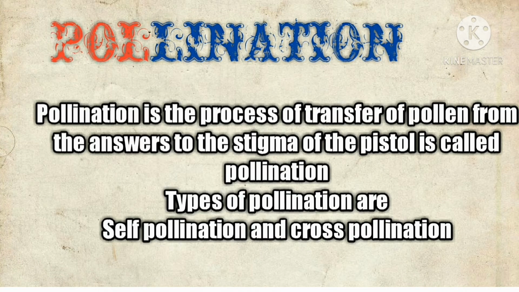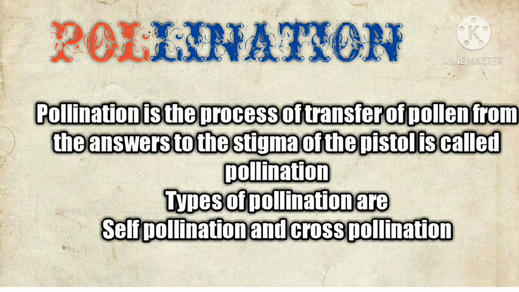Next is pollination. Now you will be able to know what and why we use pollen grains in our flowers. So what is pollination? Pollination is the process of transfer of pollen grains from the anther to the stigma of the pistil.